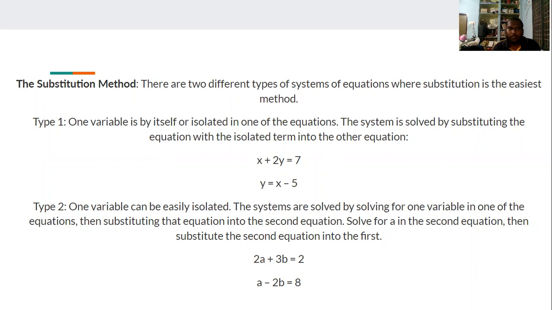Type 2. One variable can be easily isolated. The system is solved by solving for one variable in one of the equations, then substituting that equation into the second equation.